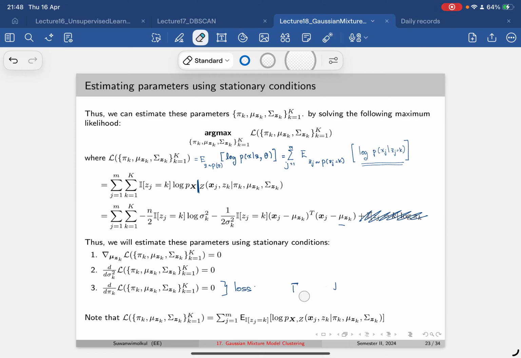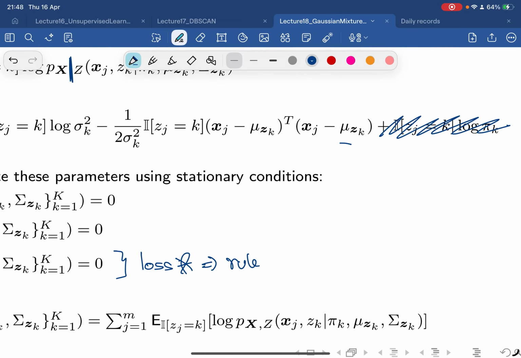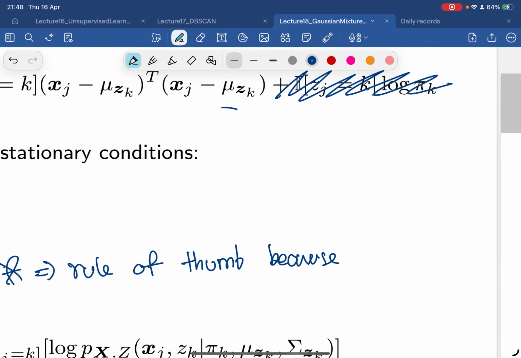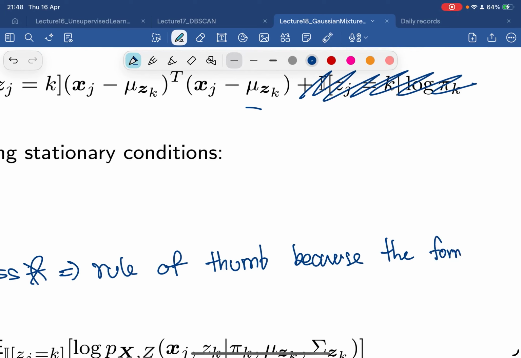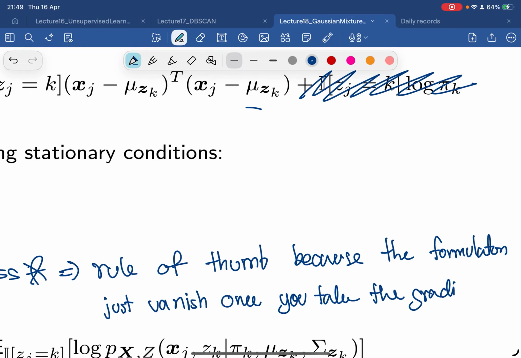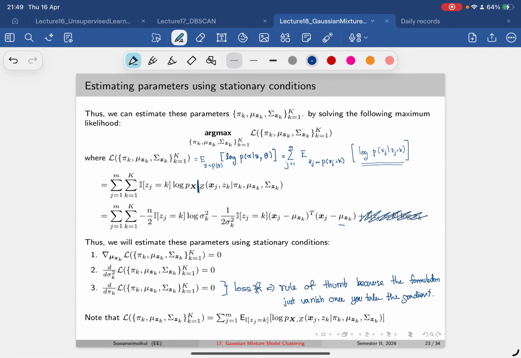Some of them, especially the last one, you cannot really find with this approach, because the closed form formulation would just vanish once you take the gradient.